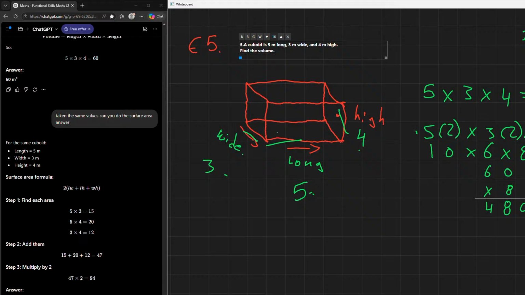So basically the first one was 5, so this front with this is 15, then it goes and does 5 times 4, so I guess this side with this side probably, and then 3 times 4.